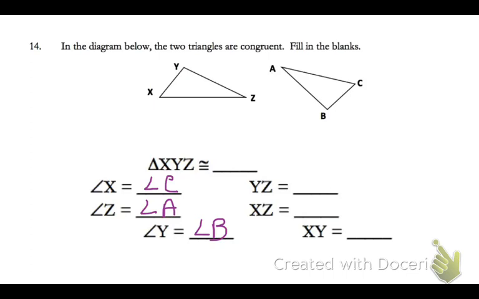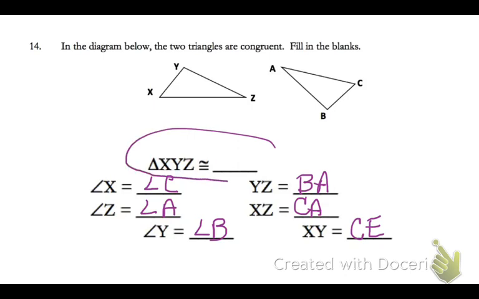Therefore, side YZ corresponds to side BA, and side XZ corresponds to side CA, and side XY corresponds to side CB. Now that I know that, I can write a congruent statement, which is what this is.